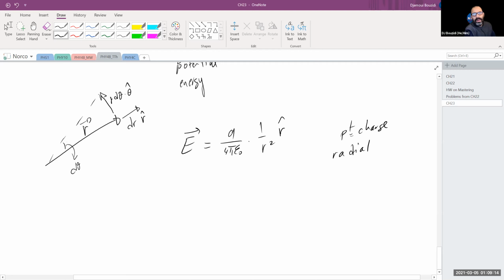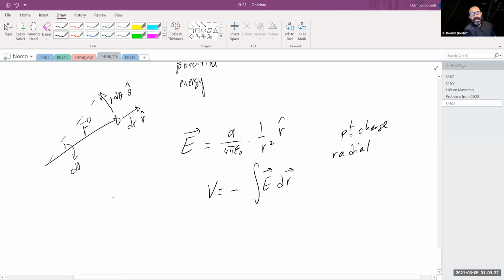So in general, if I want to find the displacement, the potential, which is equivalent to the potential energy, must be the integral of E dot dr. E is radial. The dr could be radial or have an angle in it.